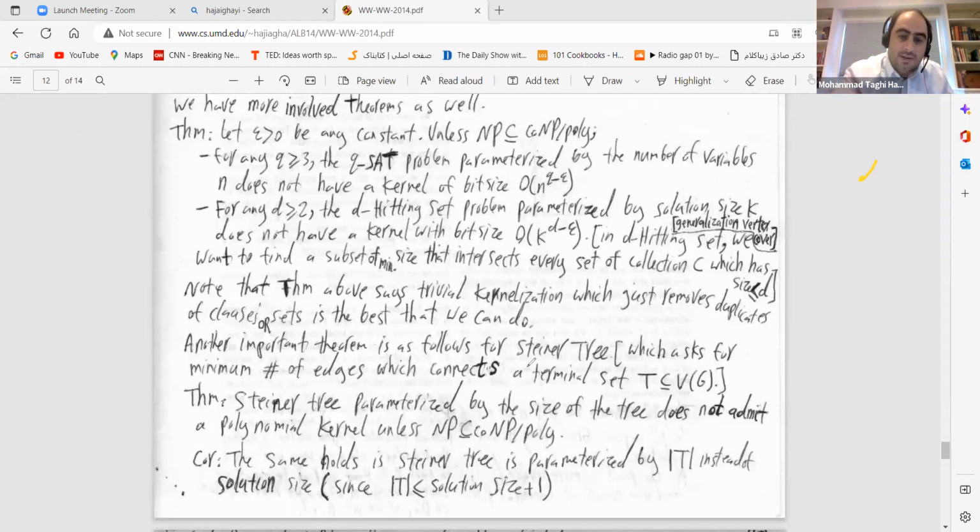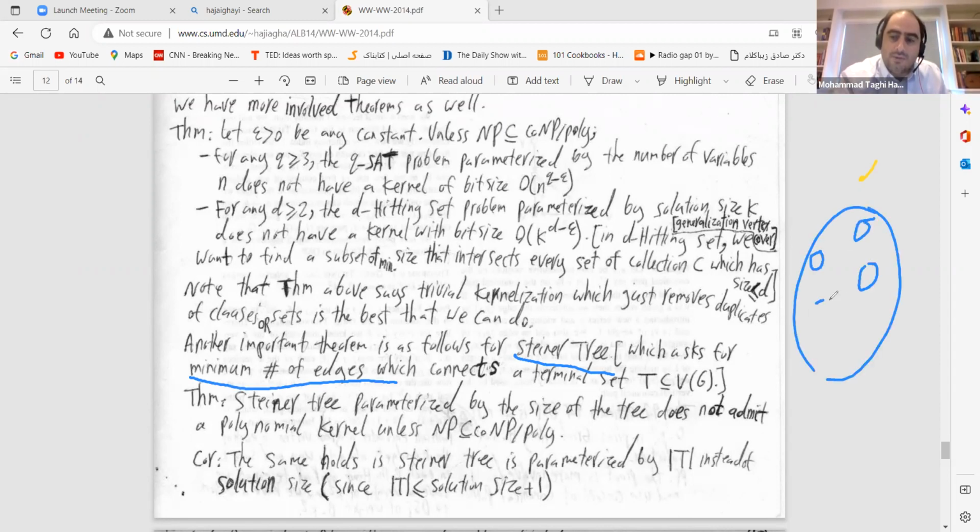And that's actually the interesting thing about Steiner tree. What is the Steiner tree we discussed before for approximation algorithms? It asks for the minimum number of edges which connects a terminal set. You are given a graph G and a set of terminals, and you want to find the minimum number of edges such that you can connect all of these terminals. You can show that Steiner tree parameterized by the size of the solution does not admit a polynomial kernel unless NP is a subset of co-NP/poly.